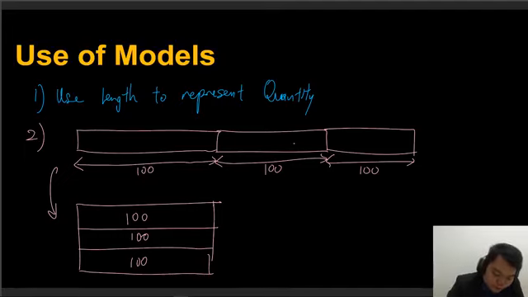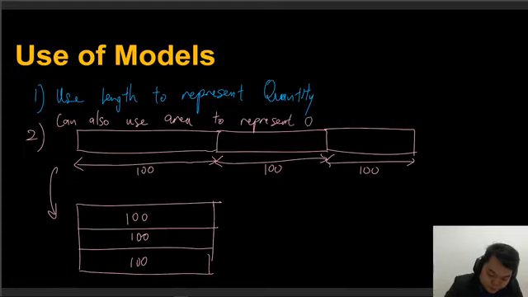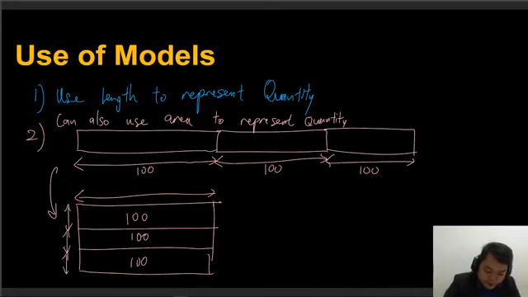So over here we can also use area to represent the quantity. Because over here this is your length and these are the number of items that we have.